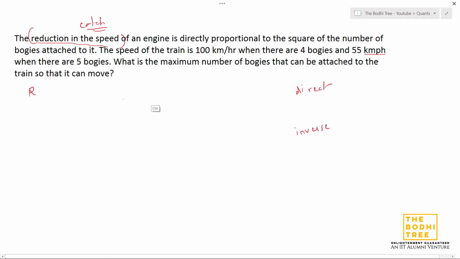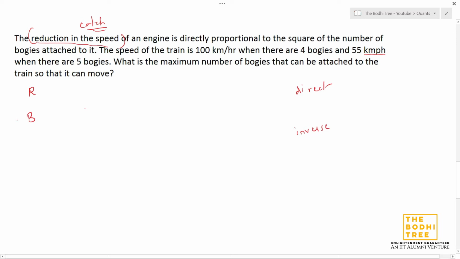Because whenever we attach a bogie to the engine, whatever is the number of bogies that we are attaching, square that number, and that is how much the reduction is going to be. That is, reduction is going to be directly proportional to that amount, right? B square, right? So B is nothing but the number of bogies.